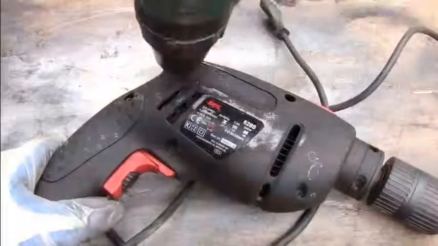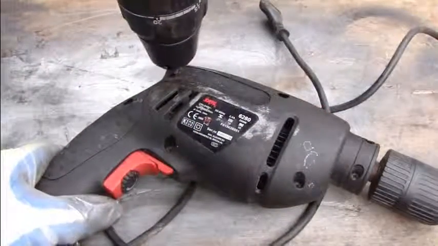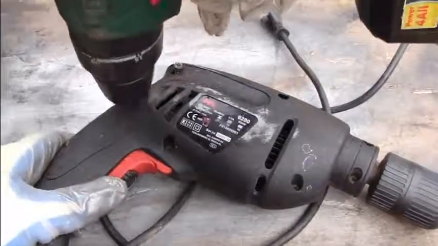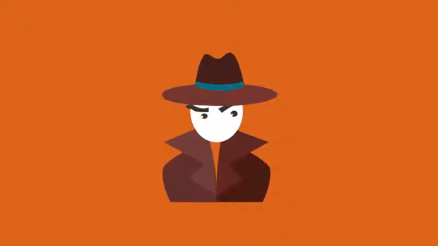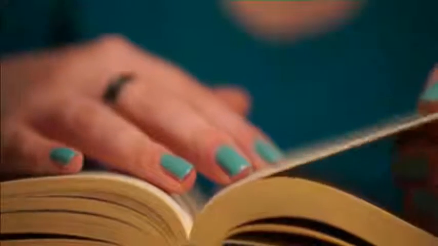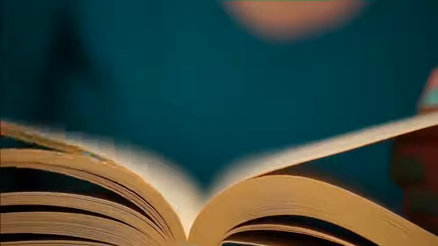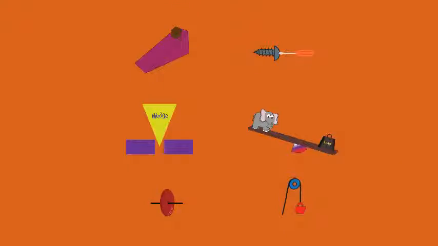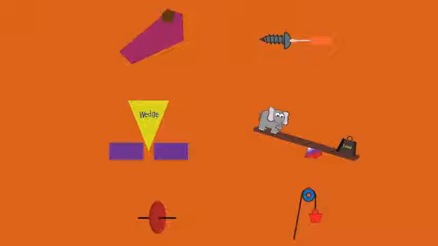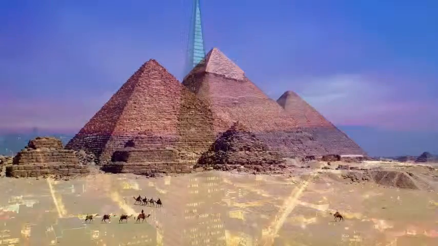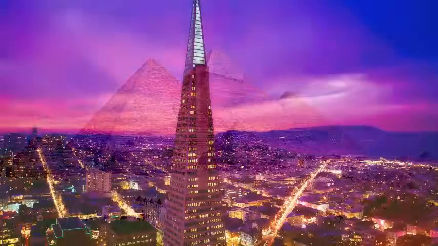Are you one of those people who are attracted to holding their screwdriver and starting disassembling everything? Then, let me tell you something. The story of the machines is summarized in 6 items. The 6 simple machines. These simple machines are the basic tools that built the ancient world and also the modern one.